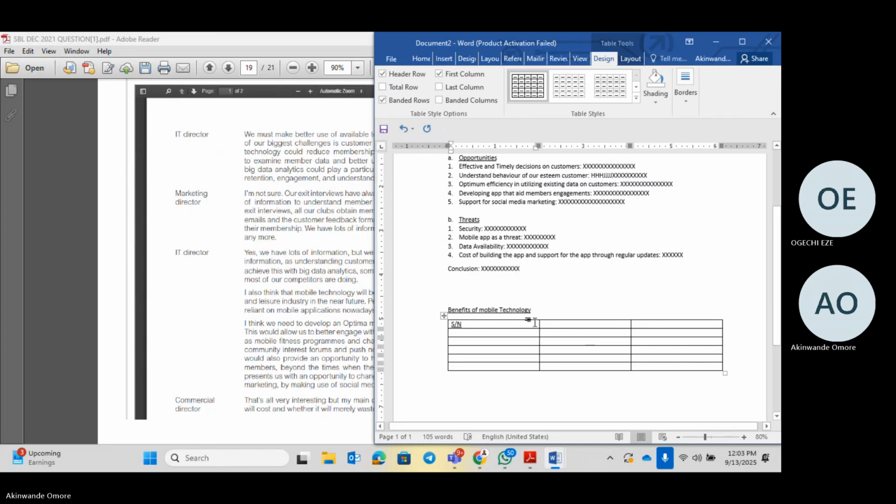Serial number, benefits to Optima, benefits to customers.